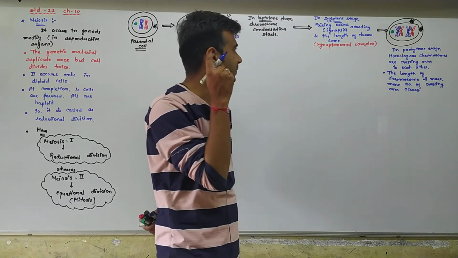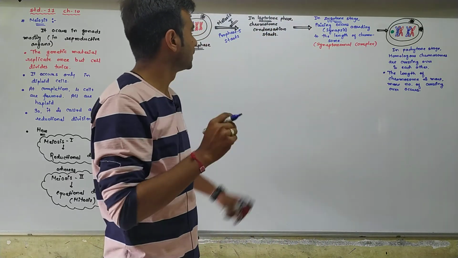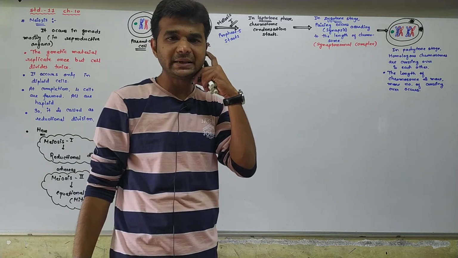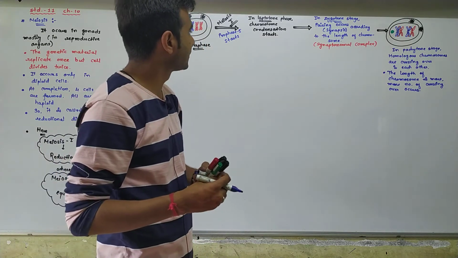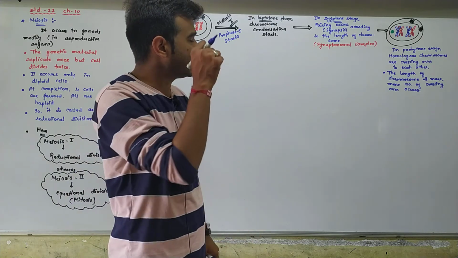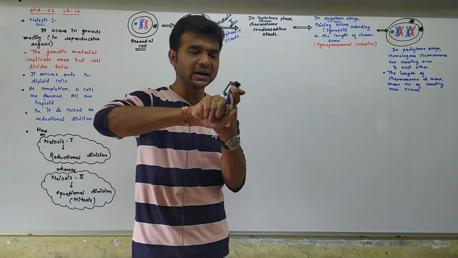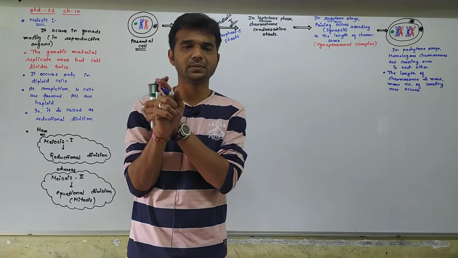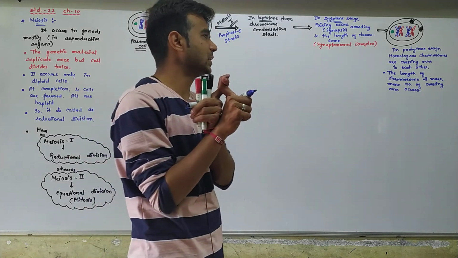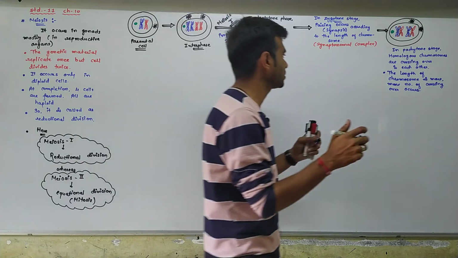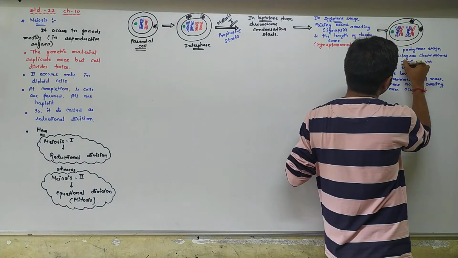This is a very important point. So in the zygotene phase synapsis occurs and the synaptonemal complex forms, you remember that. After zygotene, in pachytene, what happens? The homologous chromosomes are twined around each other, and this is known as crossing over.